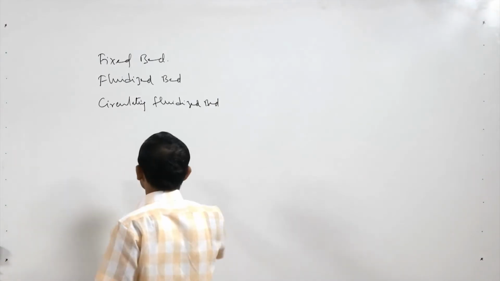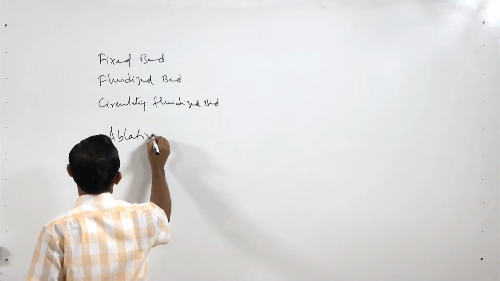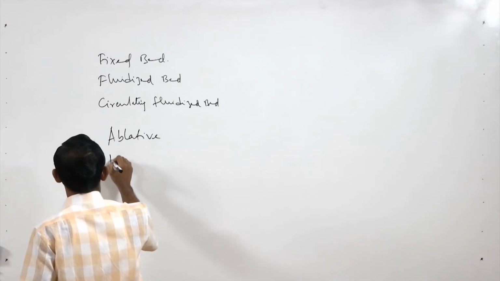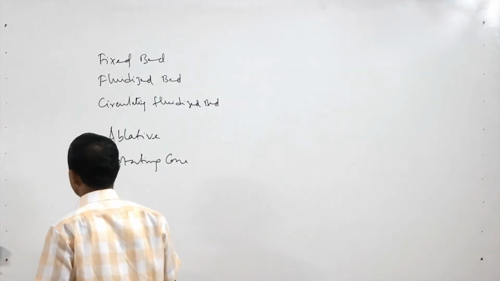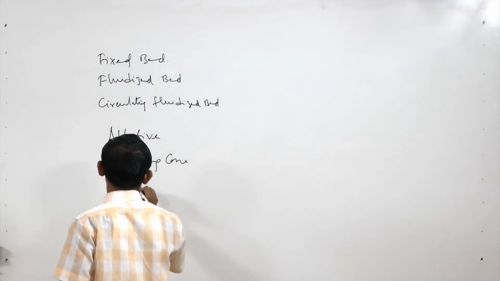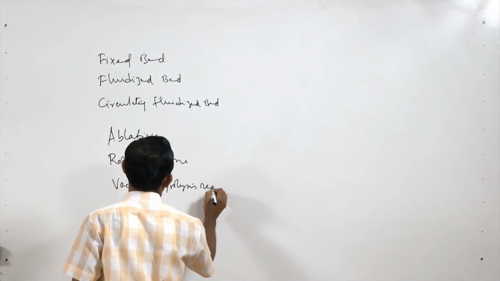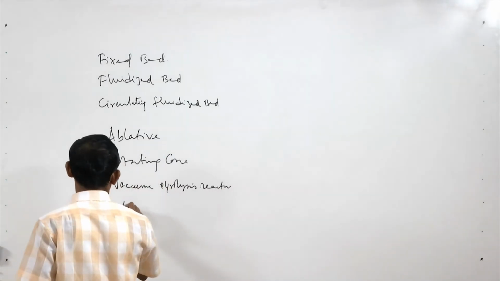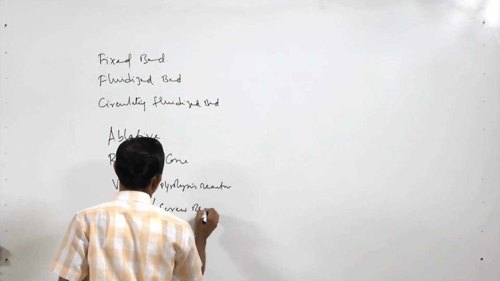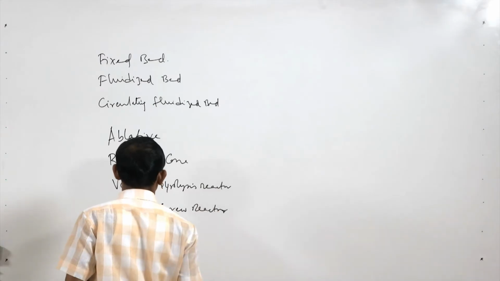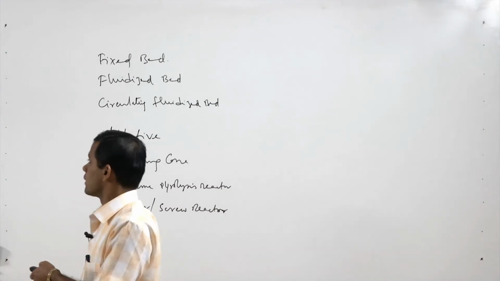So, the ablative reactor, and then came the rotating cone reactor, then the vacuum pyrolysis reactor, and the auger or screw reactor. Now, we will discuss these reactors one by one.